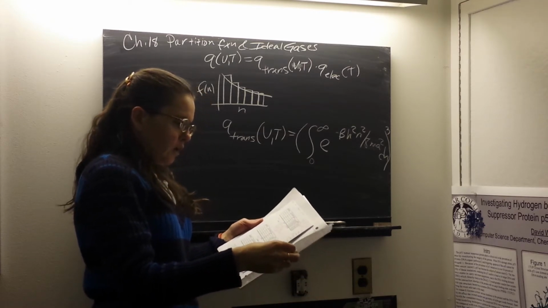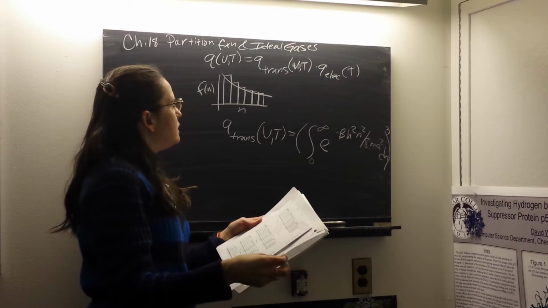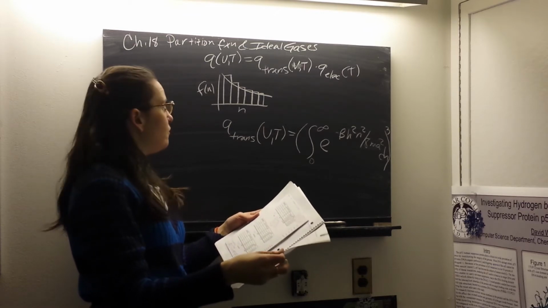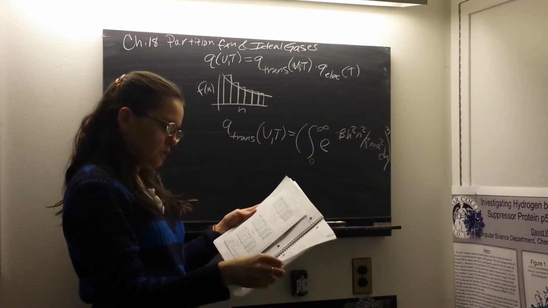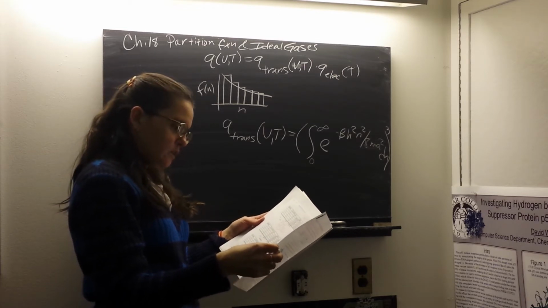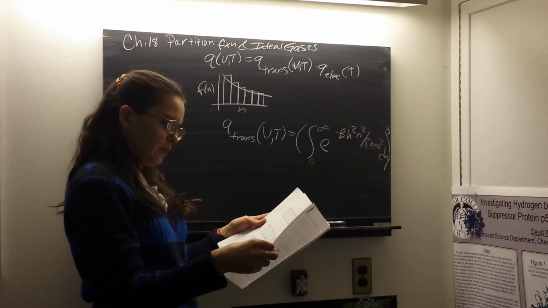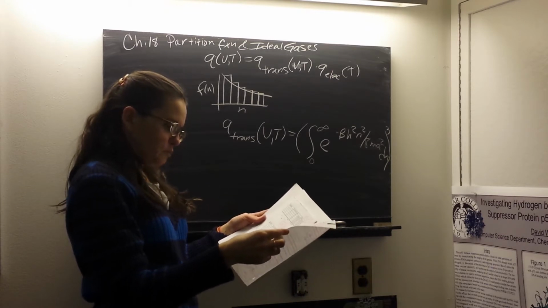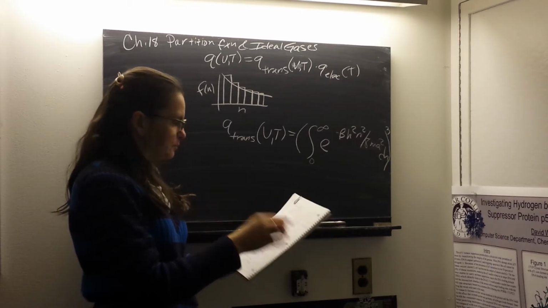Then we had been working on developing what exactly the equation for the translational form is going to be, and we had talked about how we can derive this from the particle in a box model. From quantum mechanics, we have an expression for the energy, which we have been attempting to solve.